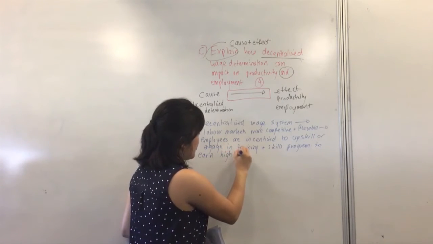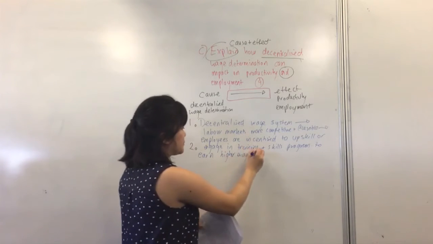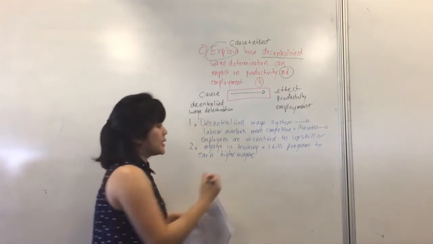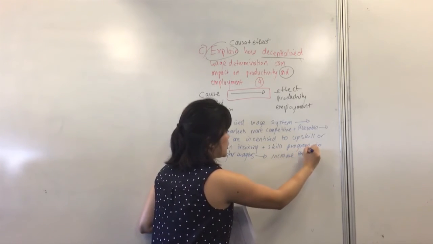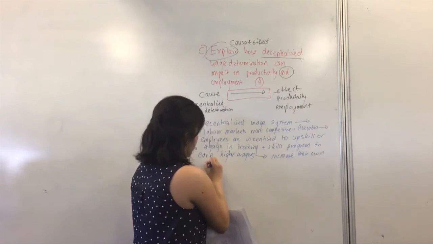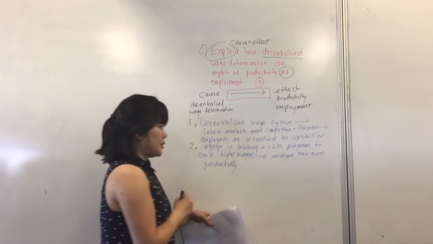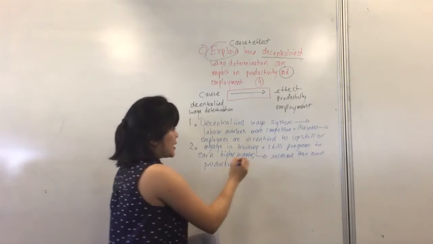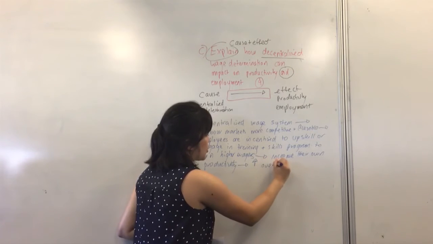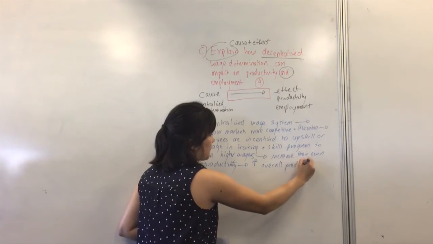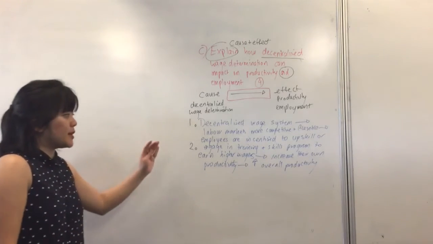And now we're getting to the effect. Higher wages, which leads to them increasing their own productivity within the workplace, which leads to an increase in overall productivity. So you can see I'm getting the first mark and the second mark.